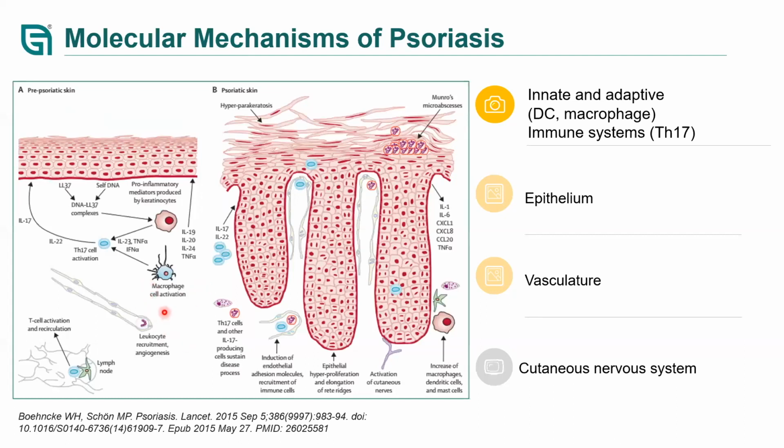Psoriasis is caused by dysregulation and complex interaction of the innate and adaptive immune systems, as well as other components such as the epithelium, the vasculature, and cutaneous nervous system. The immune system involvement in psoriasis is widely accepted.